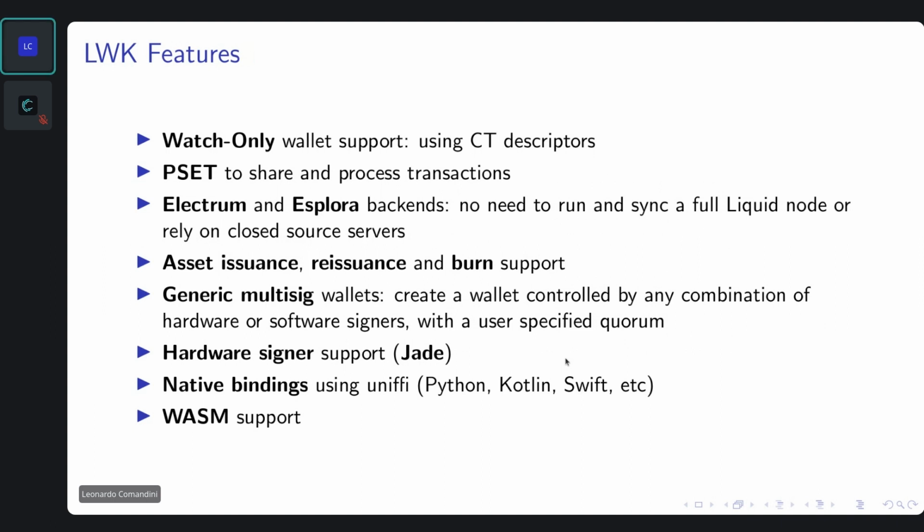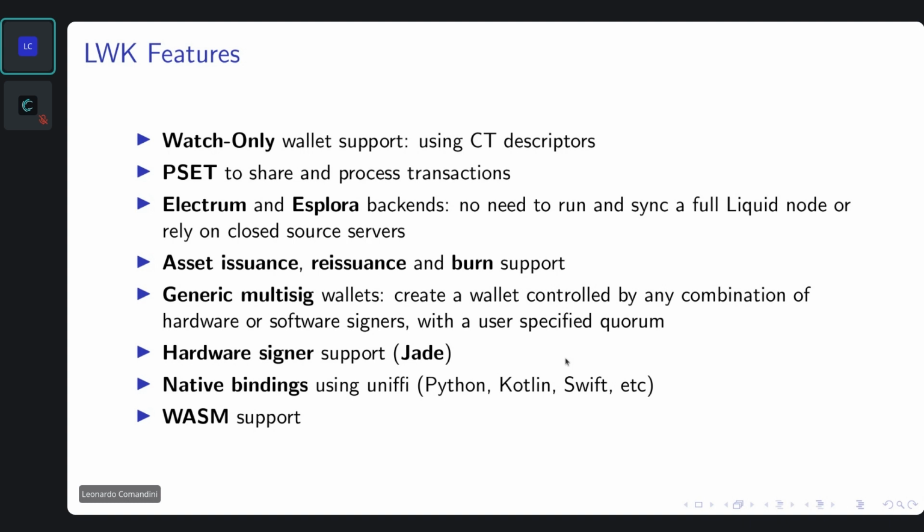The signer in LWK can be basically of two types: either a software signer, so a mnemonic or a seed that is stored in the device on which LWK is running, or a hardware signer, so a dedicated device such as Jade, which can sign. As of now, we only support Jade, but there are more hardware signers in the pipeline.